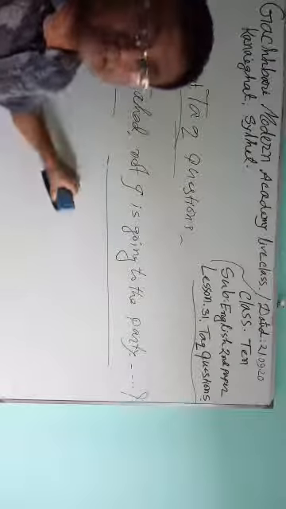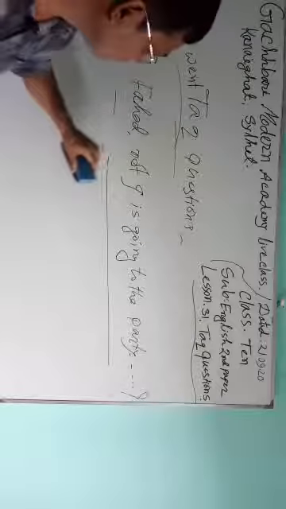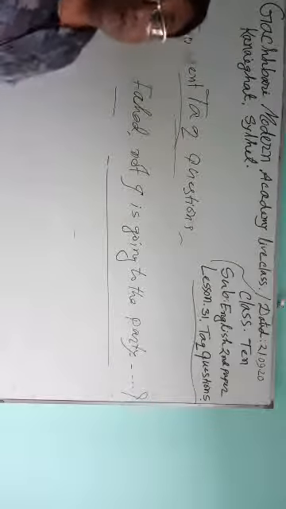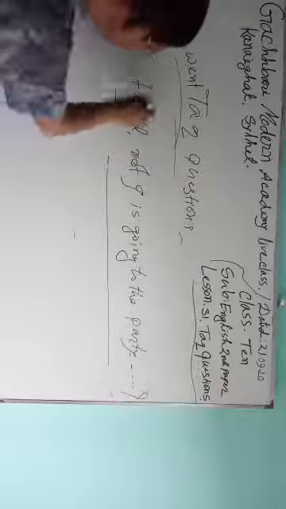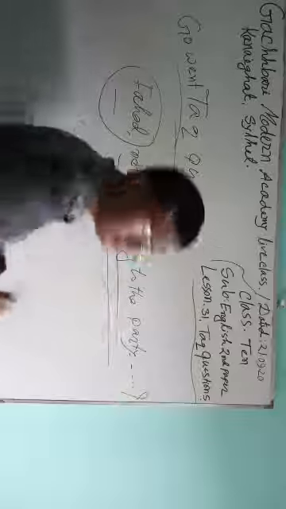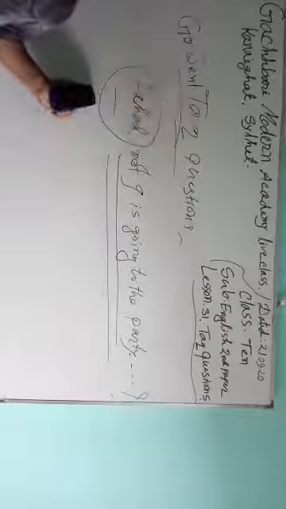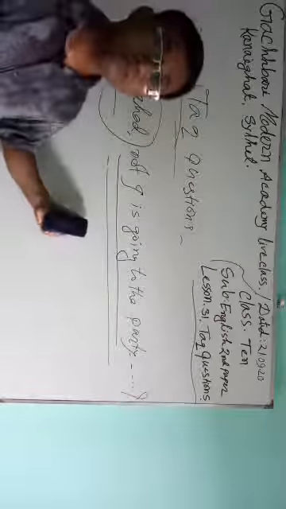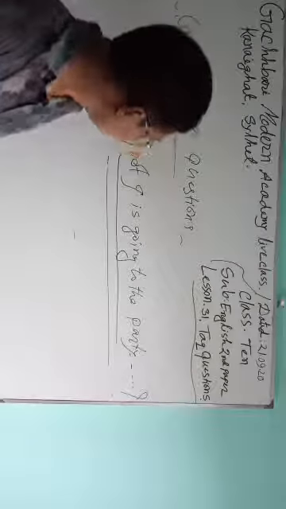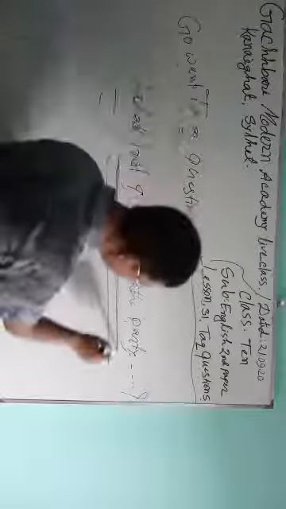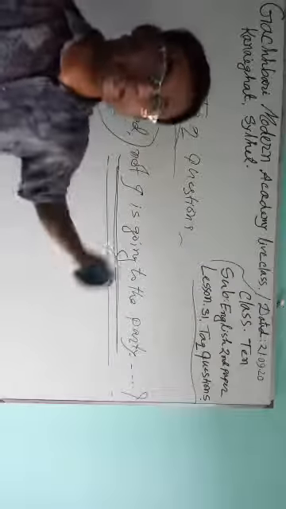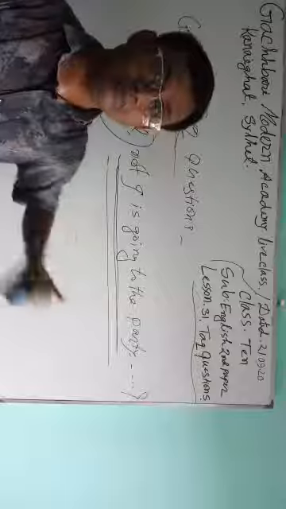In this sentence, here you find two parts or two portions. Number one, affirmative part. Number two, negative part. Dear students, bear in mind, the negative portion of a sentence is always avoided.